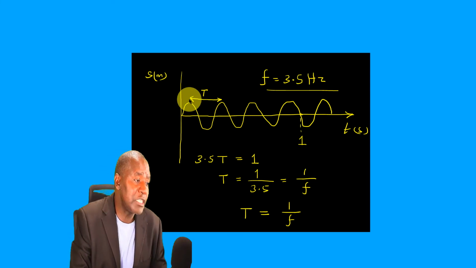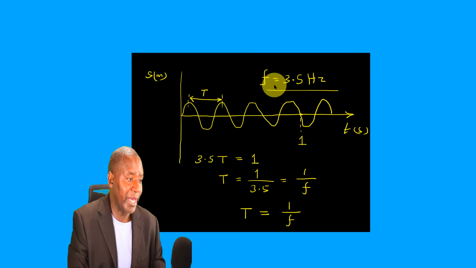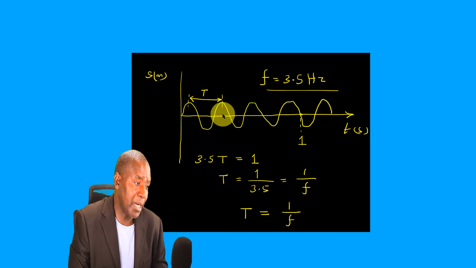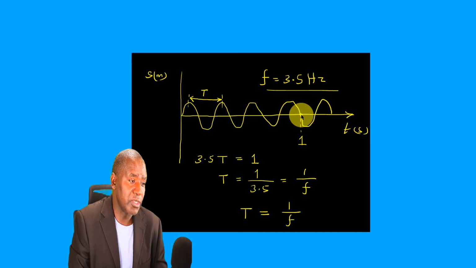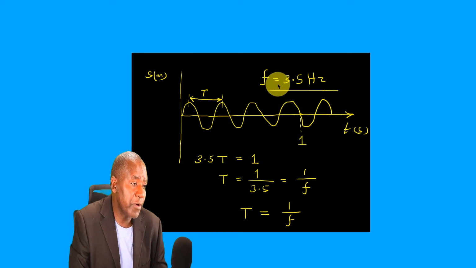The third one is periodic time, which is the time taken by the wave to make one complete oscillation. And finally, we have frequency, which is the number of oscillations made in unit time. And the SI unit of frequency is Hz.